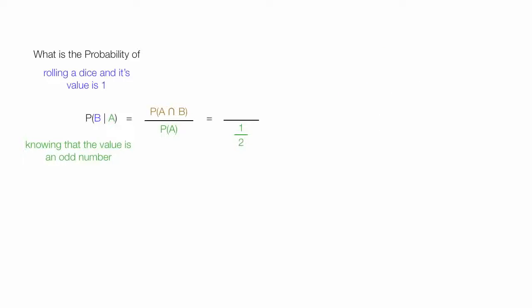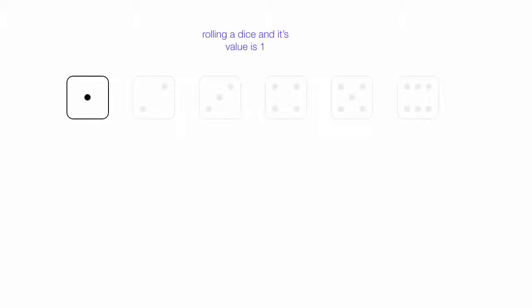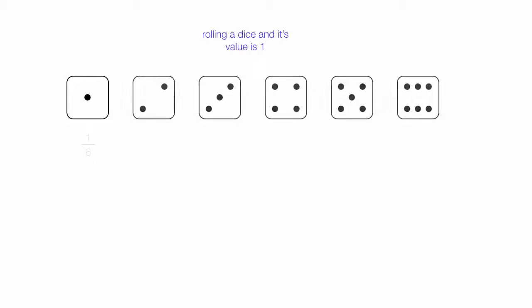Event B has changed though. Let me start over at the very beginning like I did last time. What is the probability of rolling a dice and its value is 1? It's just that blue right there, or 1/6 of the time, 1 out of 6.